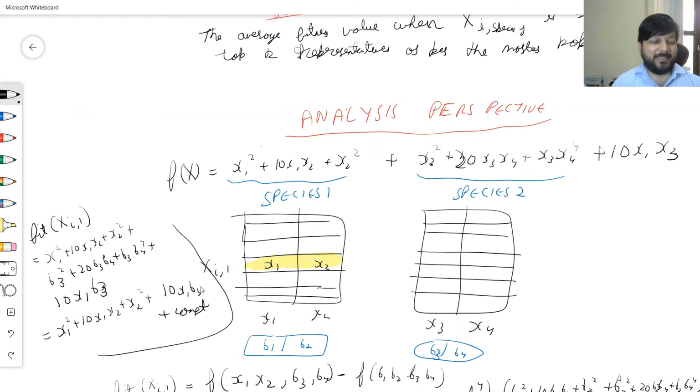Now the change of representative does cause a change in fitness function value. So the fitness function value keeps on changing.